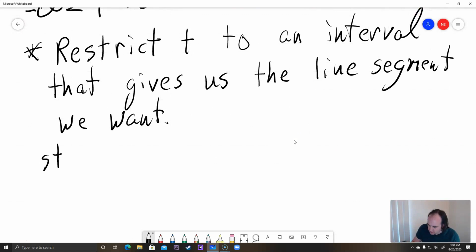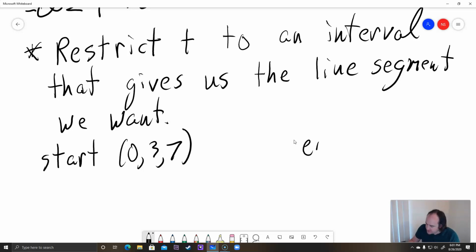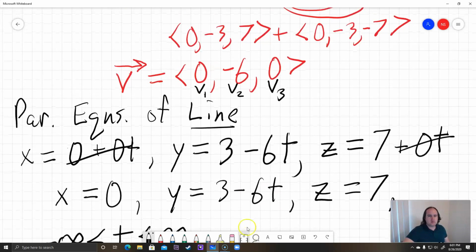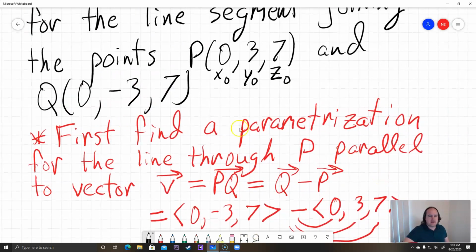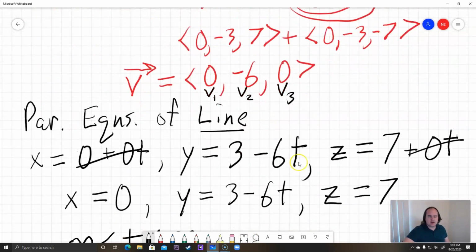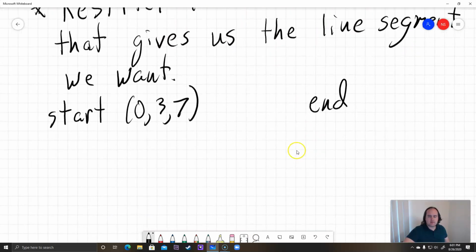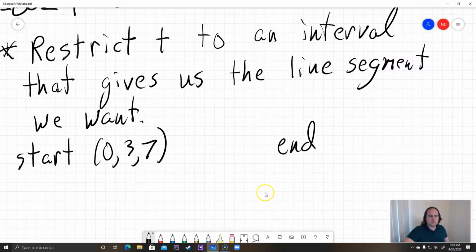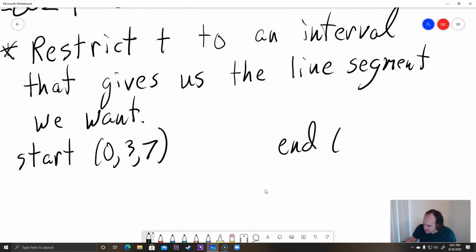Okay, so we start at 0, 3, 7. And then we need to end at point Q. So we need to end at 0, negative 3, 7.